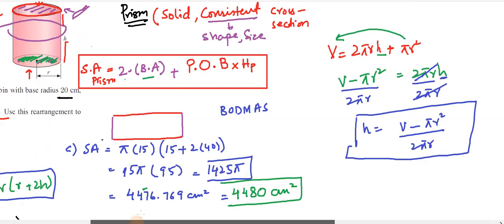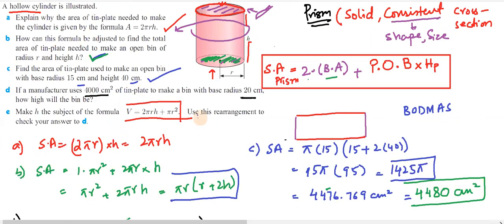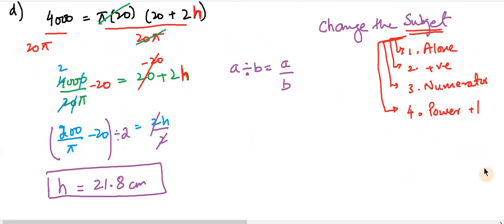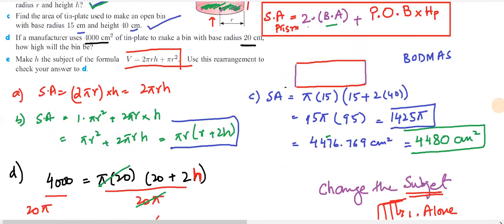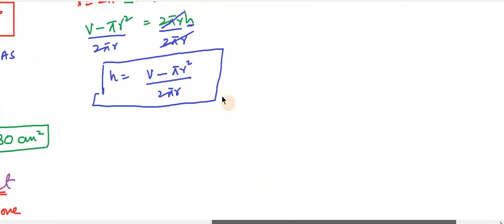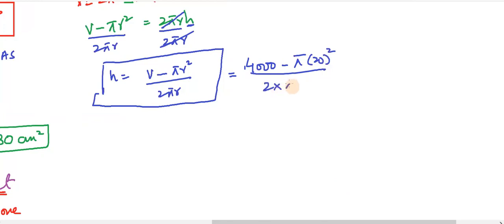And lastly, we are also directed to use this arrangement to check the answer in D. So if volume is 4,000, what's the height? We have worked out the height manually first. It's 21.8. The volume is 4,000 and the radius is 20. Let's verify. Volume is 4,000 minus pi times the radius 20 squared, over 2 times pi times 20.